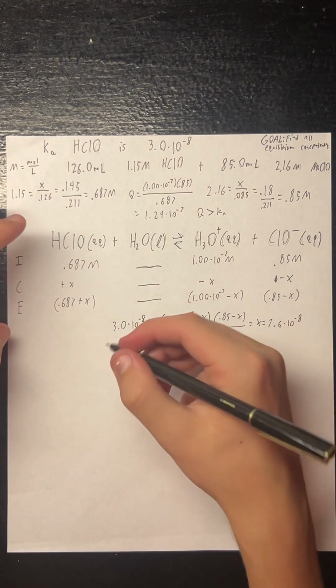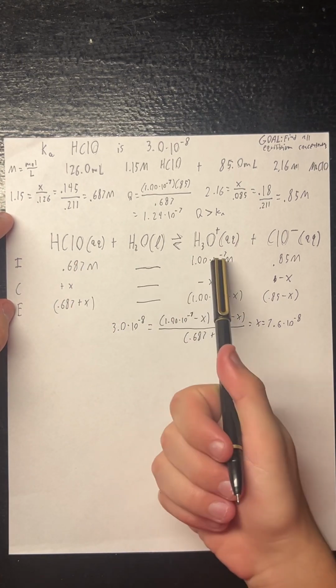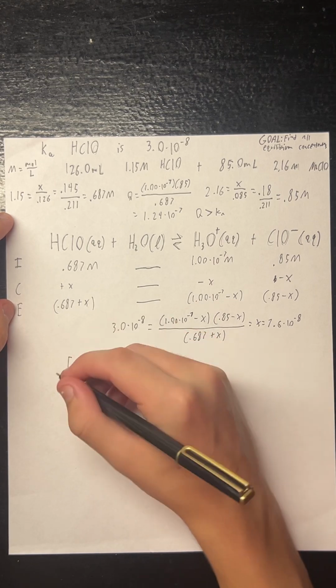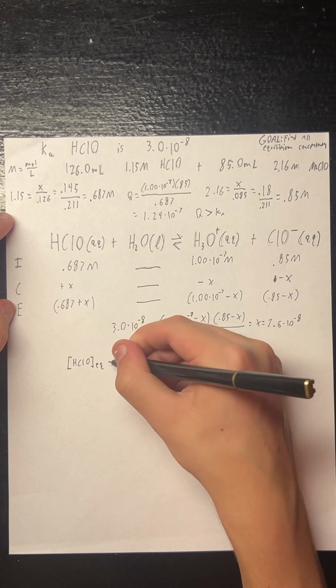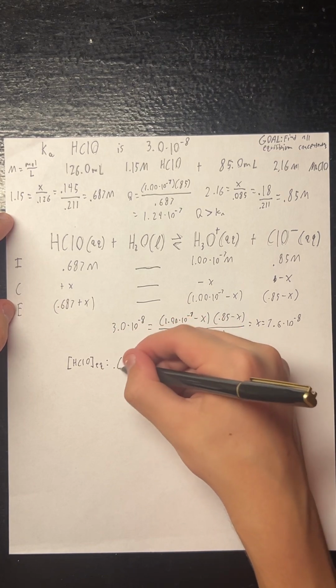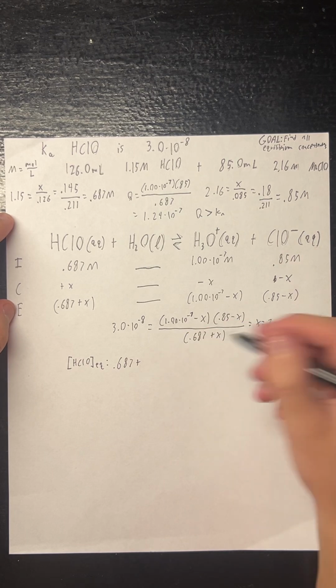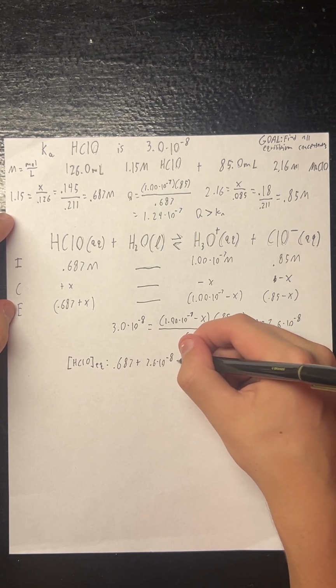Now if we want to find the equilibrium concentrations of HClO, H3O plus and ClO minus, the concentration of HClO at equilibrium is 0.687 plus our x, which is 7.6 times 10 to the negative 8.